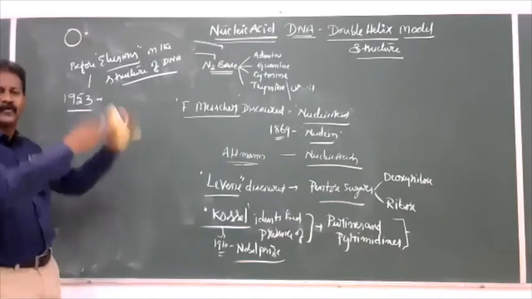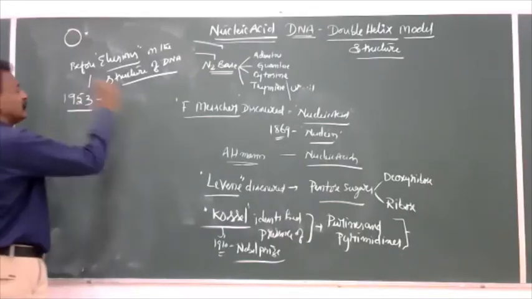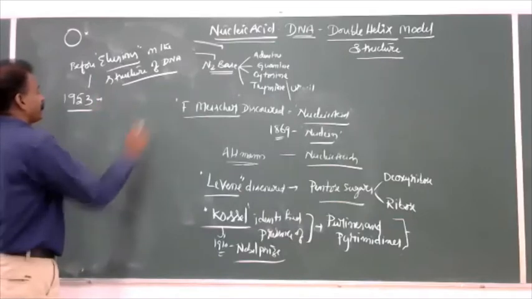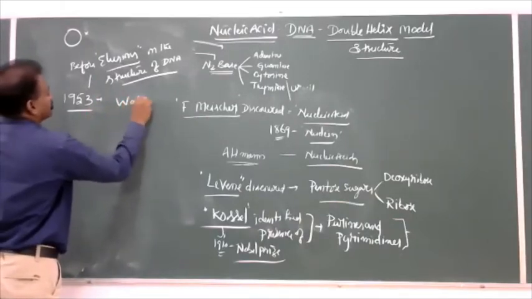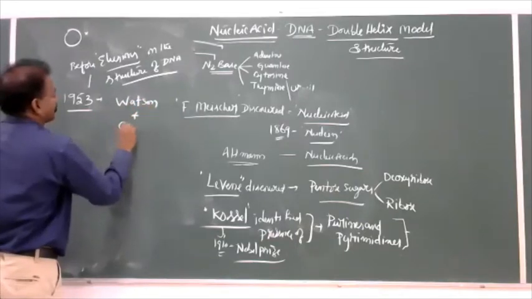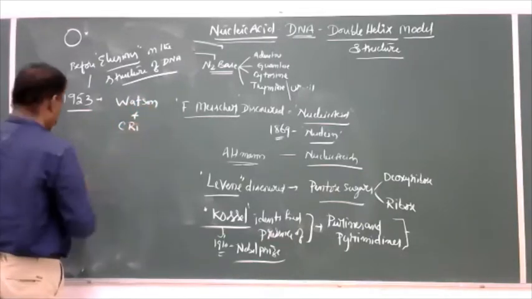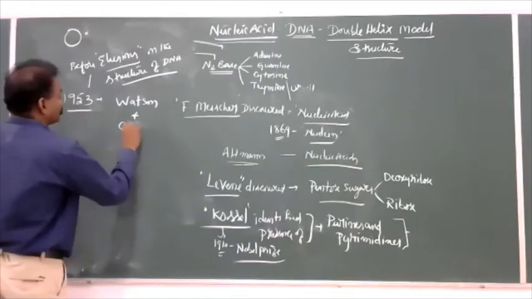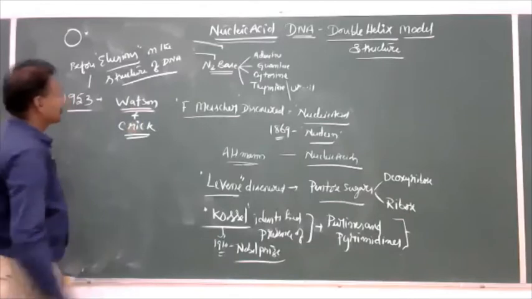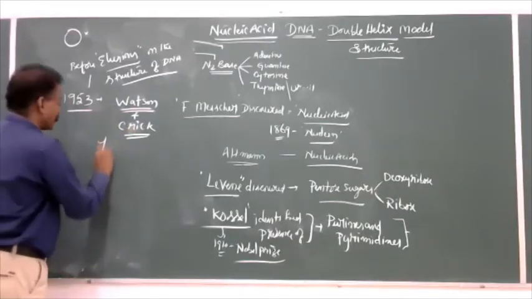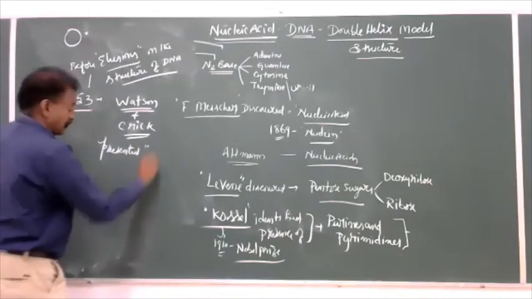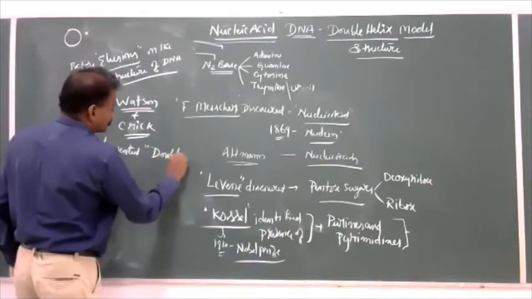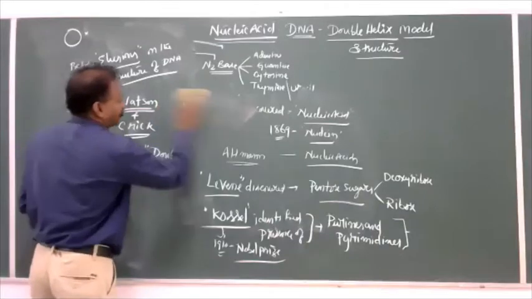So many illusions were there, and finally these illusions were concluded by Watson and Crick. Watson and Crick in 1953 presented the double helix model of DNA.